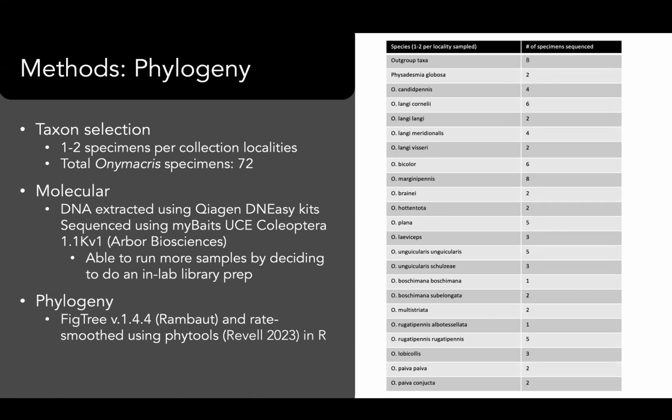And we were actually able to run more samples by deciding to do in-house library prep instead of outsourcing it. So we were able to save some funds by doing it in-house and then buy more probes in order to run more samples. And then the phylogeny was visualized using FigTree, and then rate smoothed using phytools.